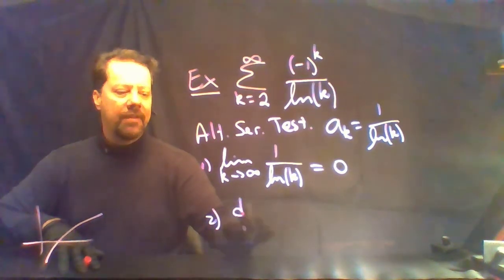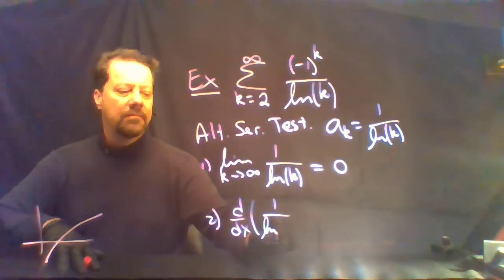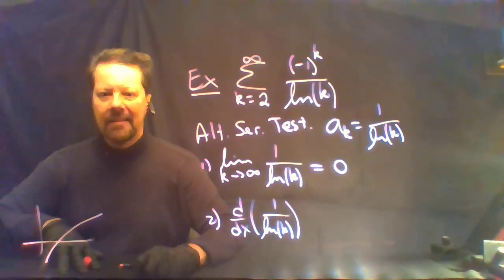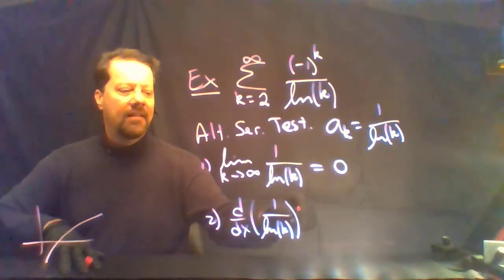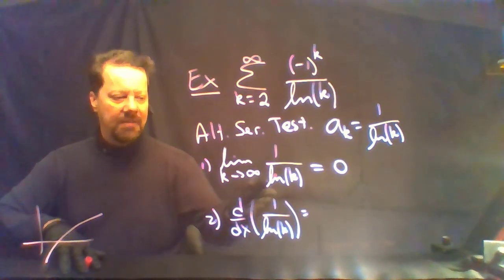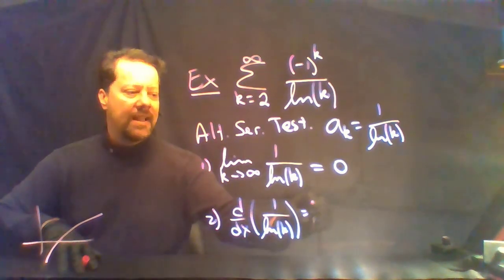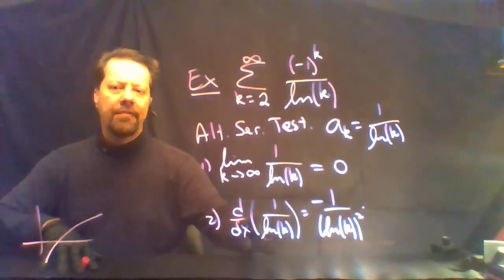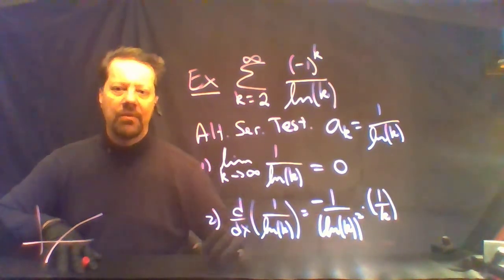What about the derivative? Getting a negative derivative will imply that this thing decreases monotonically. We're taking the derivative of something that's in the form of 1 over, which has the form of negative 1 over that thing squared times the derivative of the inside using the chain rule.